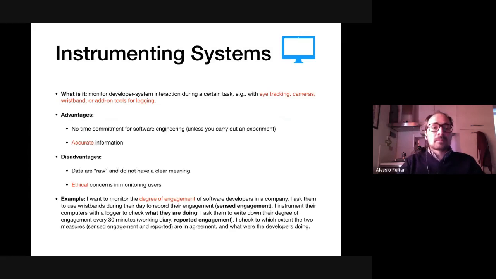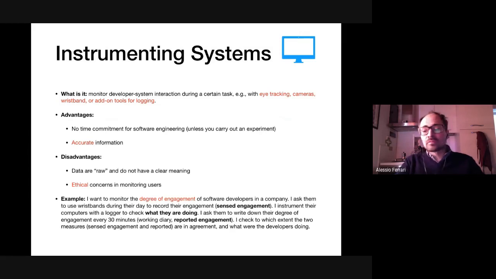Okay. The advantage is that you have no time commitment for the software engineer, so this is quite good, because basically you can do this experiment without asking too much, and you have accurate information because you have measures.